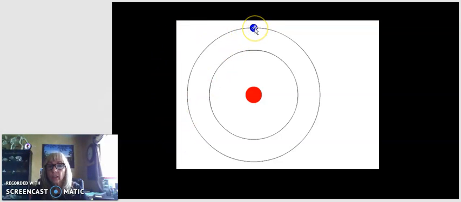But electrons are lazy, and the lowest energy state is the closest shells down. So an electron would want to move back down. It wouldn't want to be clear up there. And so as soon as it could, it would shoot off the same exact energy of a photon that it absorbed and move down to a lower level.